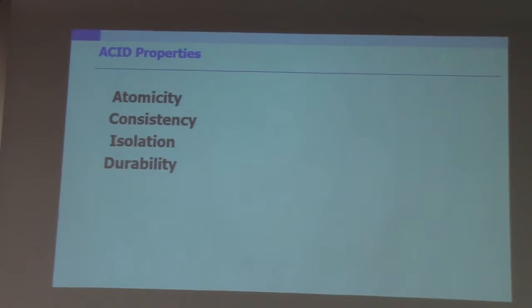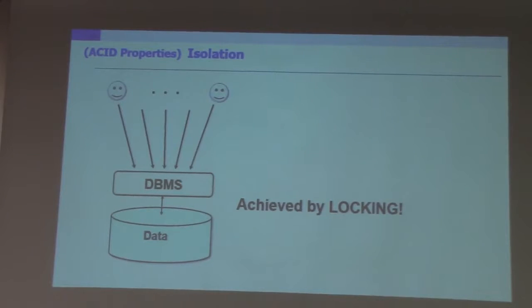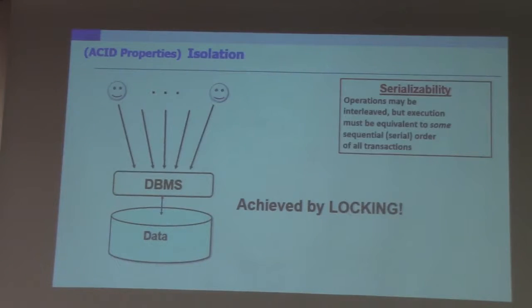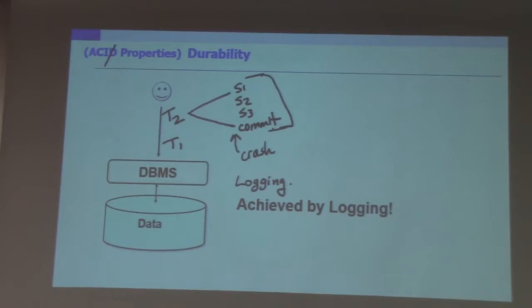I think we have a fairly good understanding of atomicity, isolation, and durability. The only thing I need to explain to you is consistency. What does it mean to ensure consistency in a database engine by the transaction manager? So isolation is achieved by logging, which I will discuss in detail right after this lecture slide, so I will skip this part.